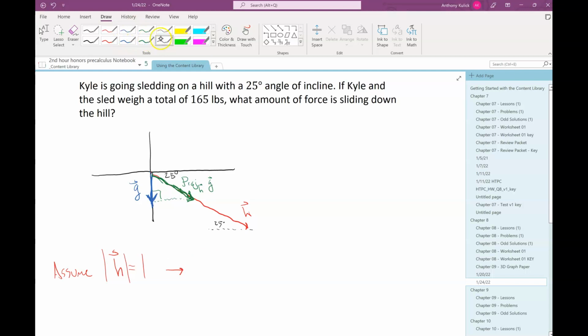So then I just need to get the direction of h, which is going to be 335, right? Just 360 minus 25. Does that feel okay?